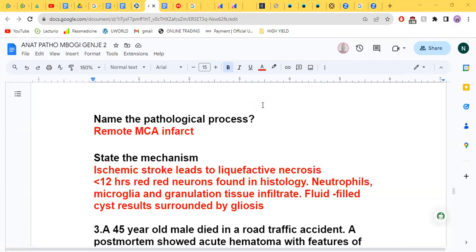As they go there, they continue to remove all the damaged tissue, and in this process the cavity forms. At the end of the day, once all these inflammatory cells have entered this place and are trying to destroy the infected or dead cells, they lead to the formation of fluid-filled cysts. And what this whole process leaves behind is what we know as gliosis.